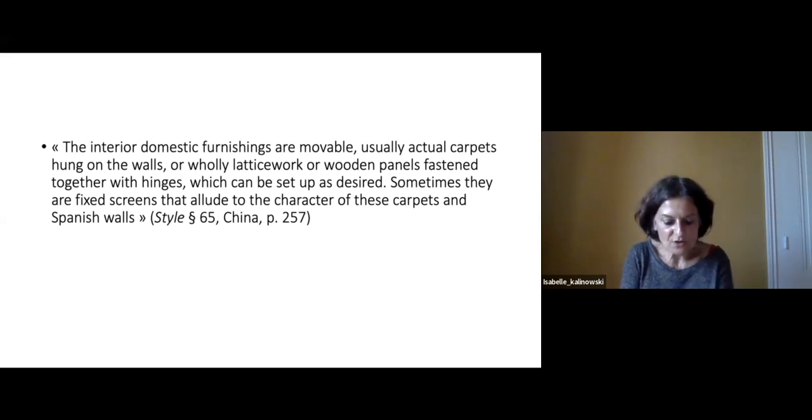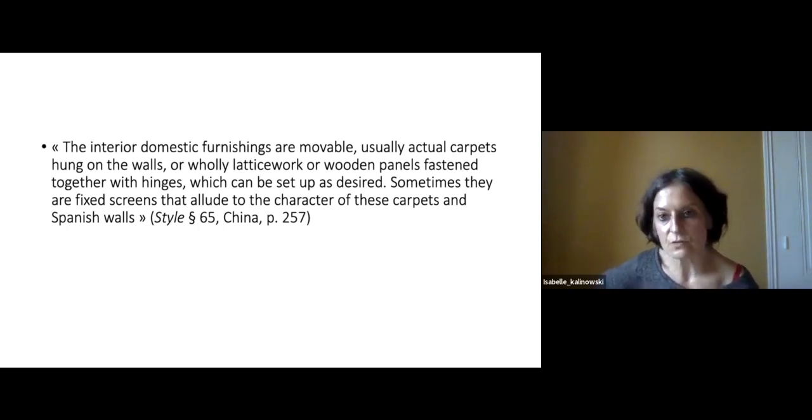Semper's deconstruction of the conventional association between wall and mass or massivity with its specific material, stone, offers a completely new perspective on architectural constructions.